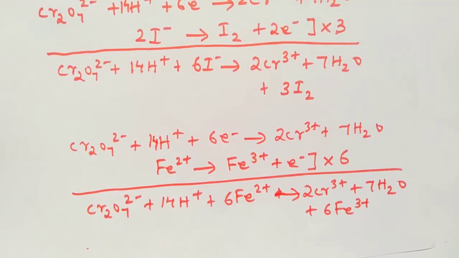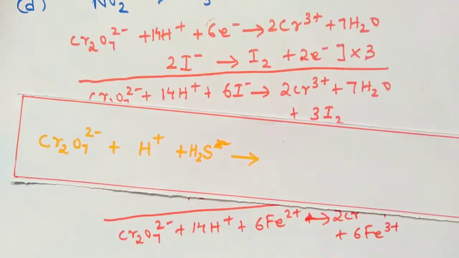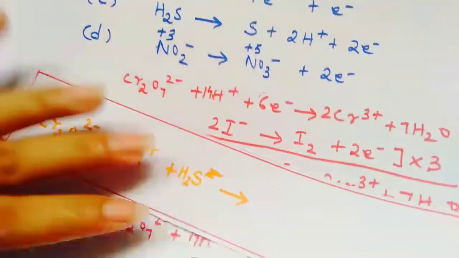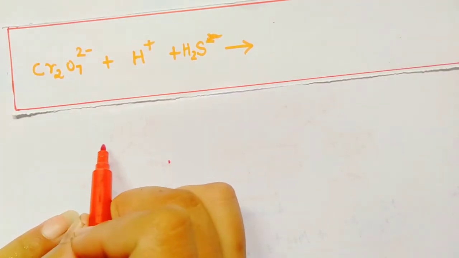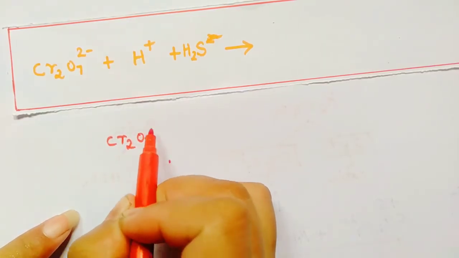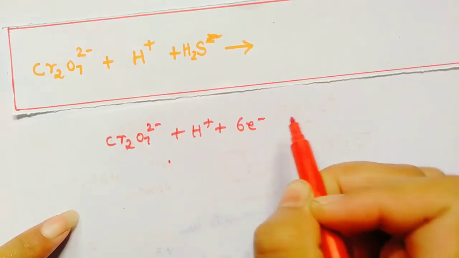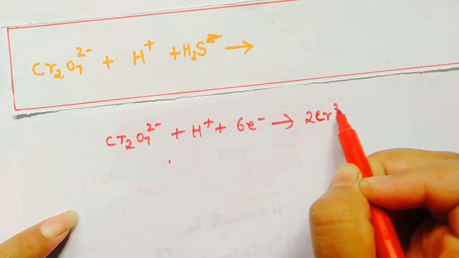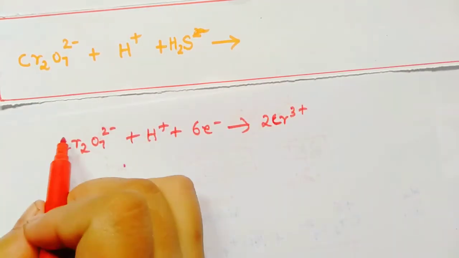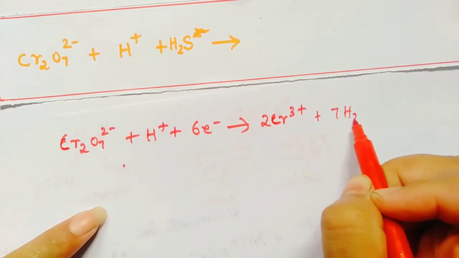Now we come to the third one. So similarly here we have the first trick: Cr2O7 2 minus in acidic medium, 6 electrons, and then you have 2Cr3 plus and then 7H2O.